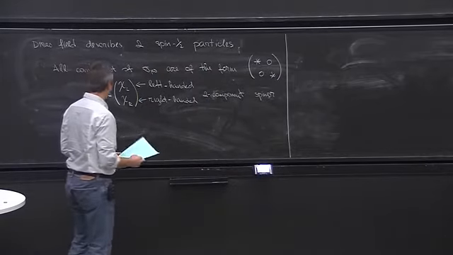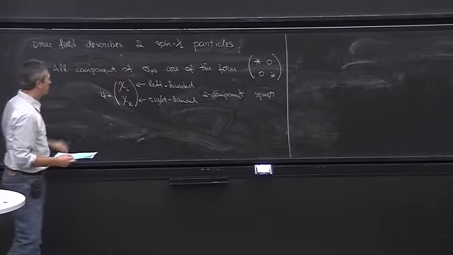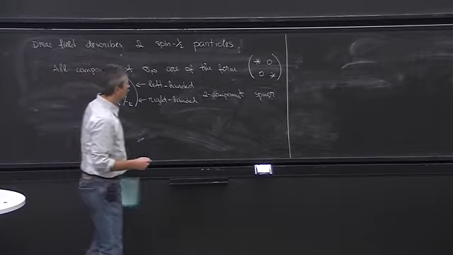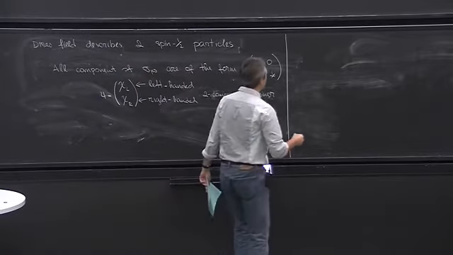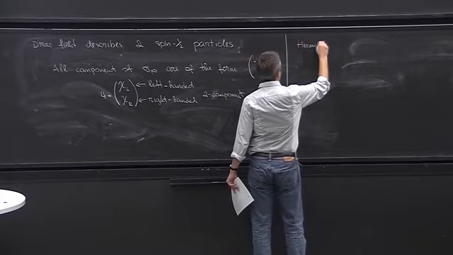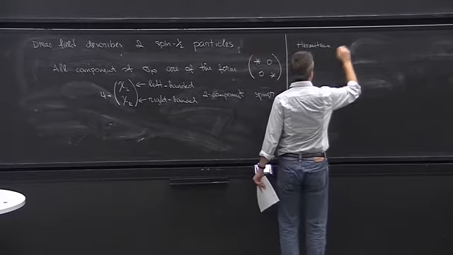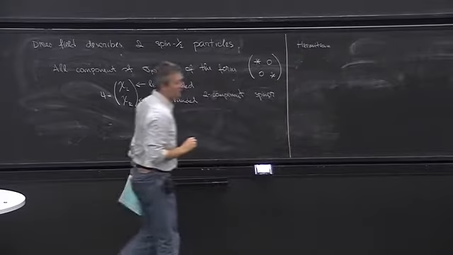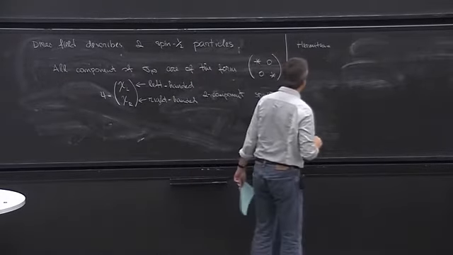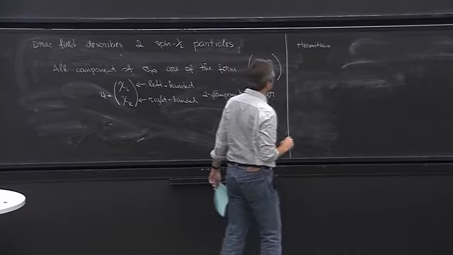Okay, so this is so far how the spinors transform under Lorentz transformations. Now, another question that we will need to answer is how to take a Hermitian conjugation of the spinor. It turns out that the Hermitian conjugation is not so useful for spinors.